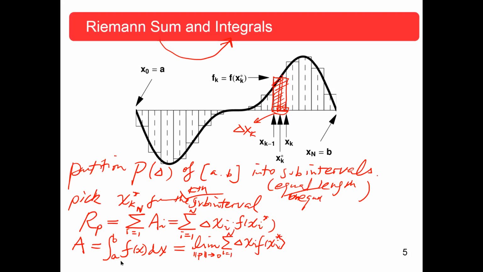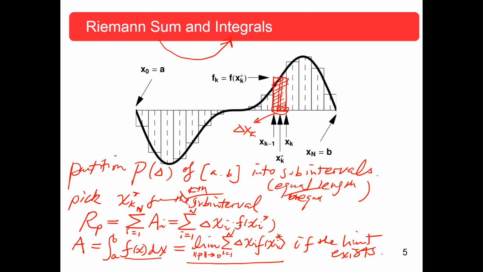This is how you relate the integral to the limit of the Riemann sum, if the limit exists. So in general, the integral is just the limit of the Riemann sum when the magnitude of the corresponding partition goes to 0.